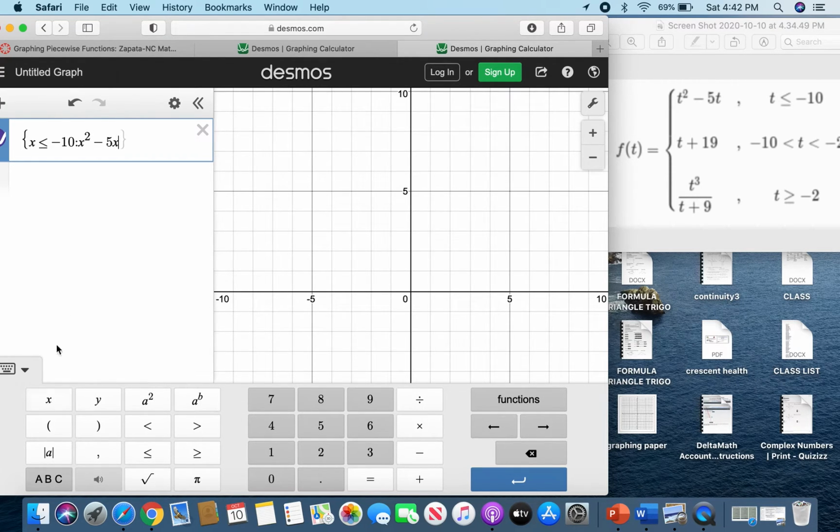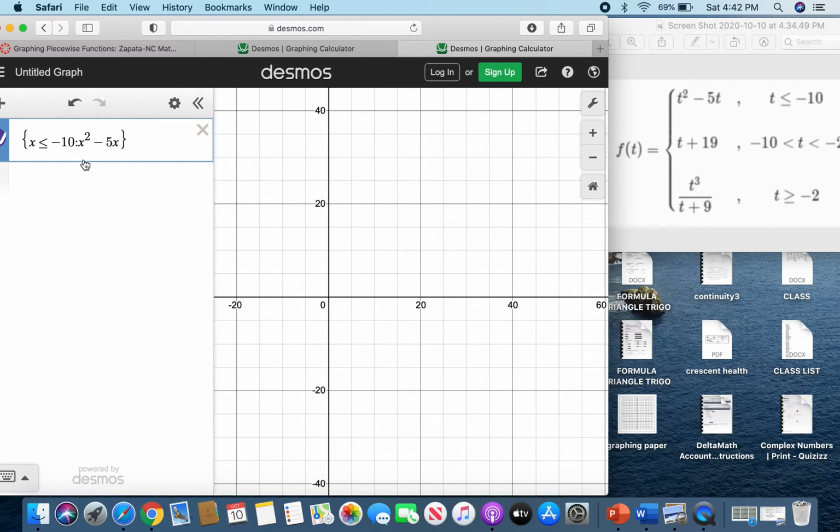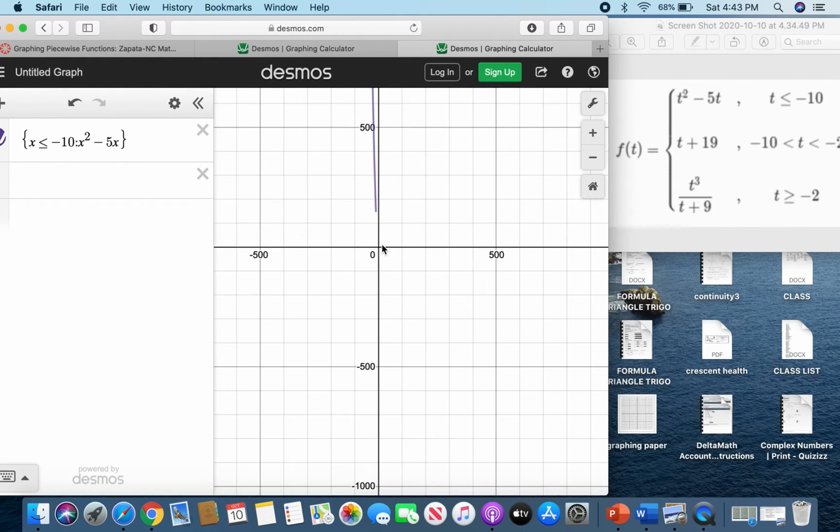You can use t here, but it's fine. Your graph is not showing yet, but you have a colon here. And you would see that the graph is there.